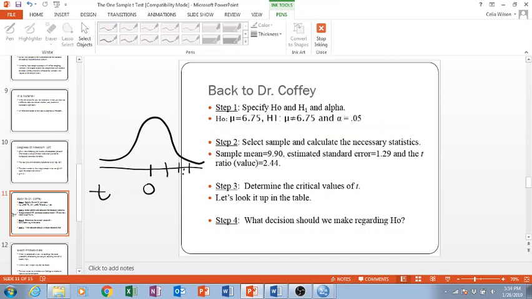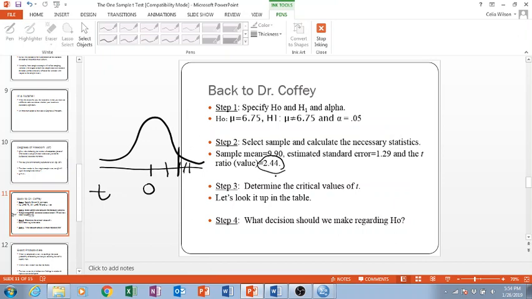Okay, so it might say 2.01 or something like that is your cutoff value. All right. And then anything beyond that, which this would be, because it falls further out in the tail, we could say that we have found statistical significance.